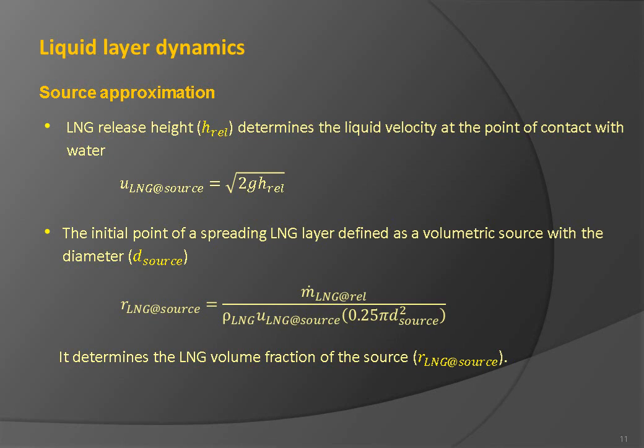Although the diameter d source is an input parameter, it only defines conditions inside the source volume. Outside the source, the liquid volume fraction, R LNG, and the related height of the liquid layer, H LNG, are independent of the source size and of the domain layer thickness, H layer.